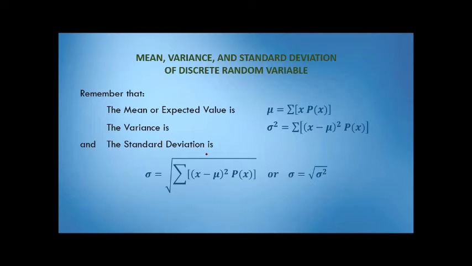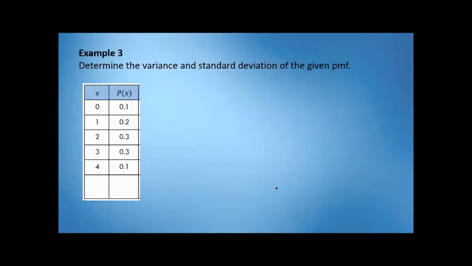And the formula for the standard deviation is the square root of the variance. You can write it with a square root, or sigma equals the square root of sigma squared. They are the same. So, let's proceed to example number 3.